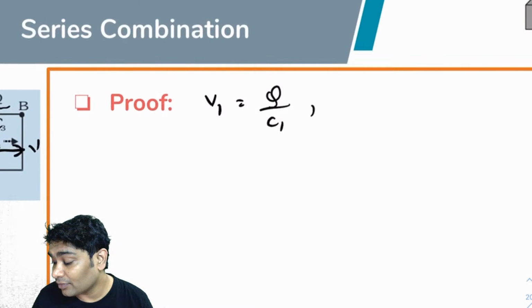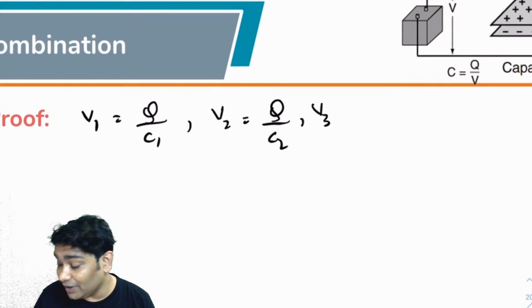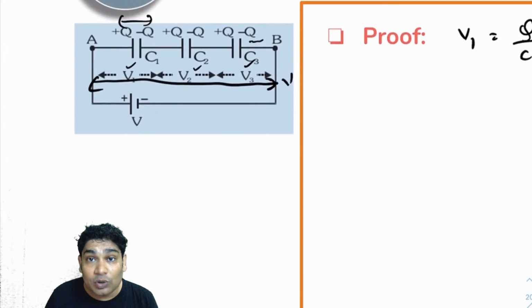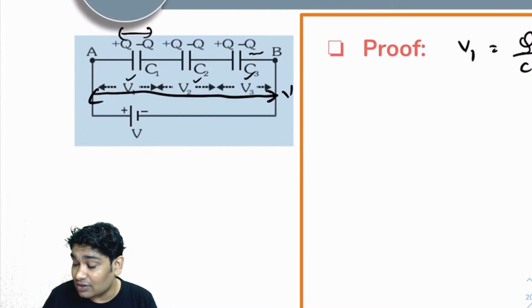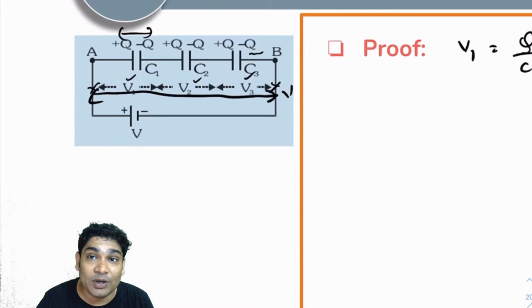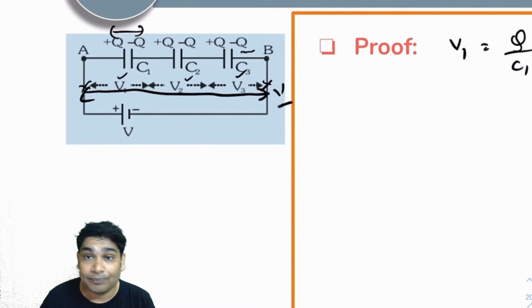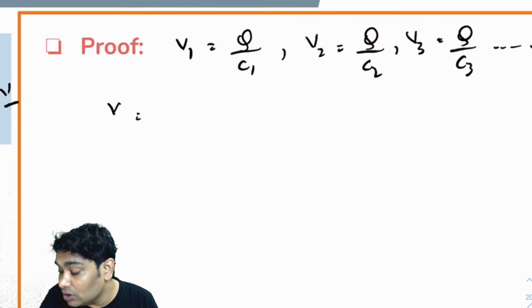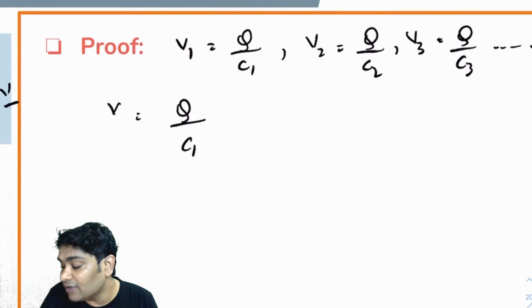Similarly, V2 would be Q over C2, V3 would be Q over C3 and so on. Alright, now if I add all these potential differences from here to here, what is the sum going to be? The sum is going to be V. Alright, so I can say that V equals Q over C1 plus Q over C2 and so on.